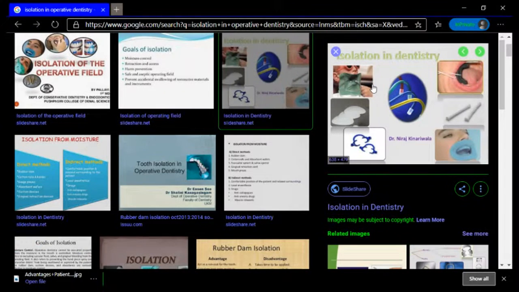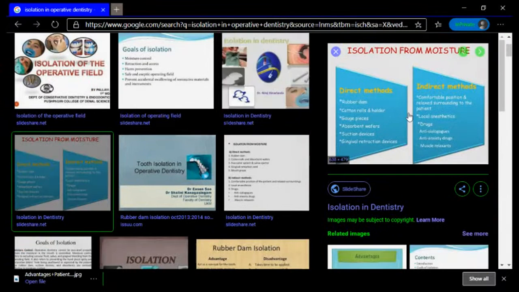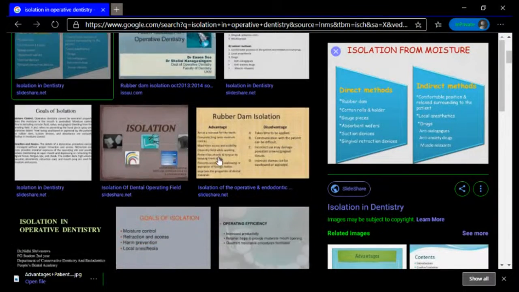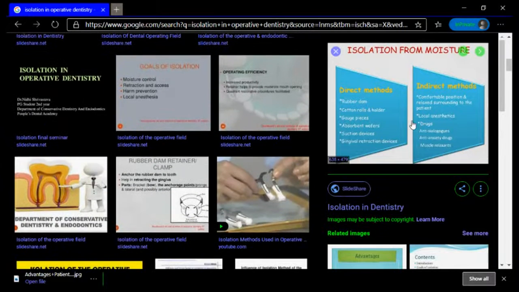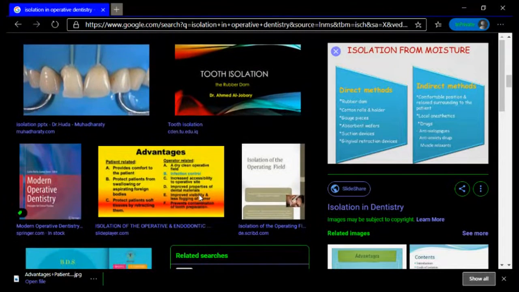This tab was a slideshow, a PowerPoint, talking about many subjects but mostly the rubber dam. And we had another tab talking about the same thing. So I deleted them because they are not related to my project, which is isolation methods. Conclusion. Then we talked about the pictures that I should not include in my project. But I saved one picture because it might come in handy later.